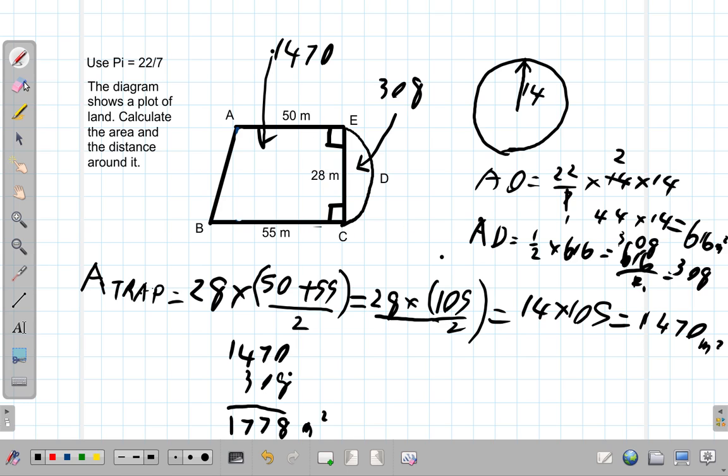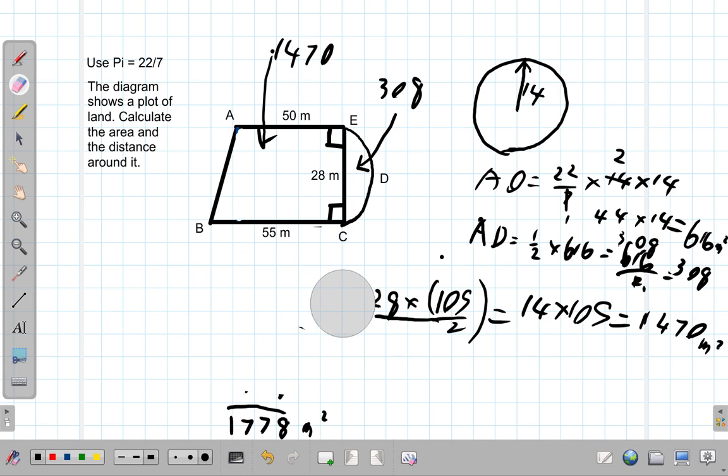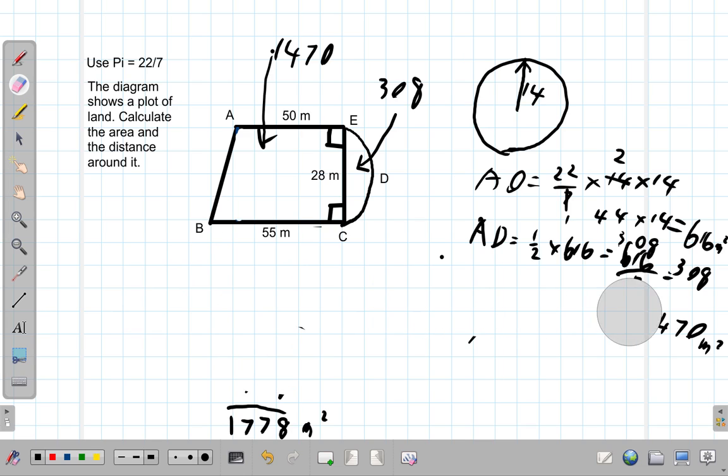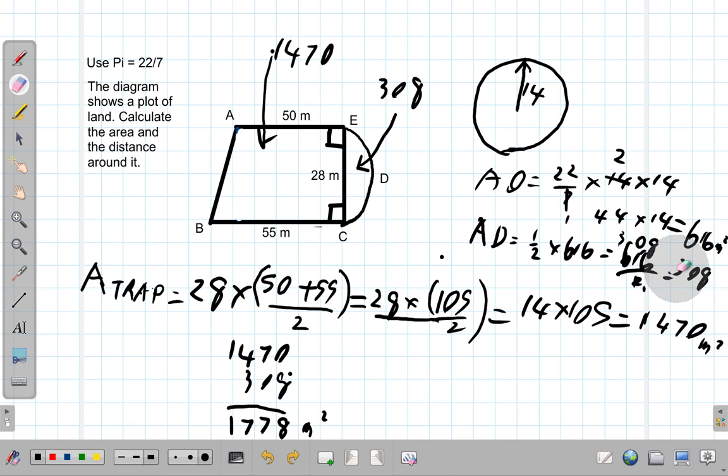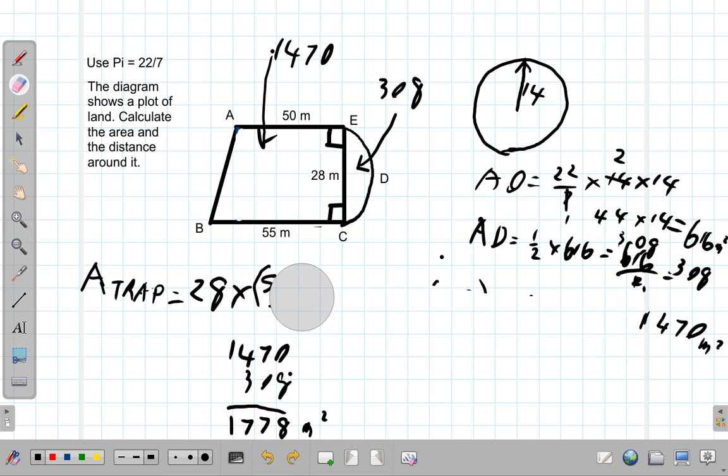But I'm seeing another thing here. Could we do it some other way? Let's make a little modification here. I don't want to erase the 1778 though. No, let the 1470 remain in place.